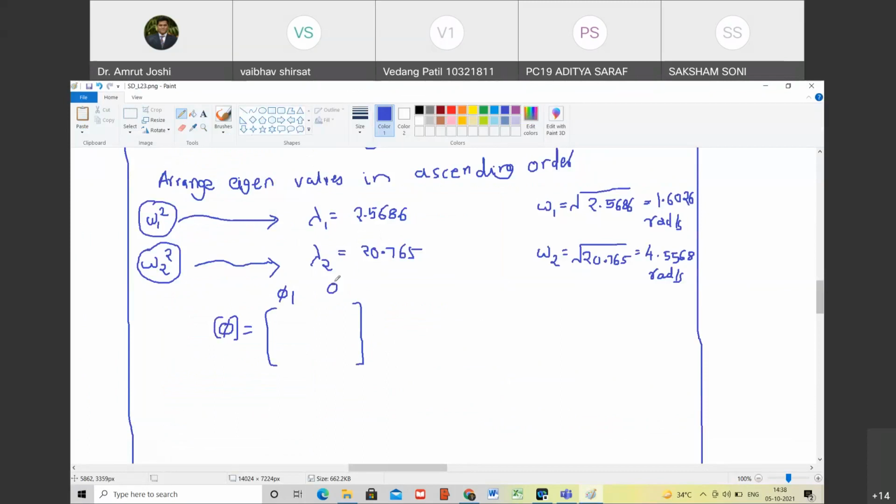What is phi 1 and phi 2? Phi 1 is the first column of the phi matrix, which is the eigenvector corresponding to lambda 1. Phi 2 is the second column of the phi matrix, which is the eigenvector corresponding to lambda 2. Happy?